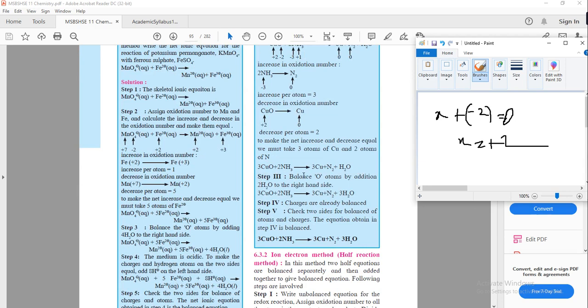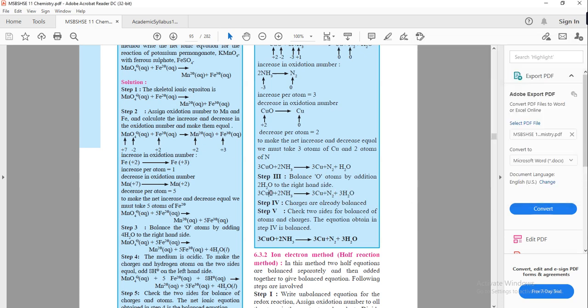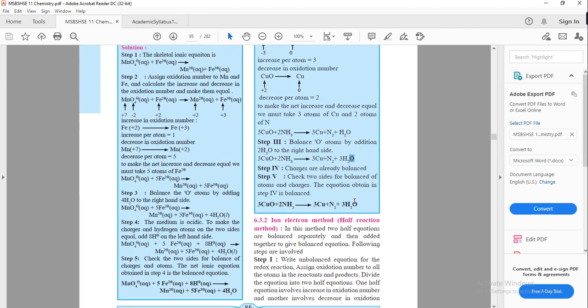Then balance the oxygen atoms. Oxygen is balanced here. So it is 3 CuO and 3 H2O. And last, you write the balanced chemical redox reaction.